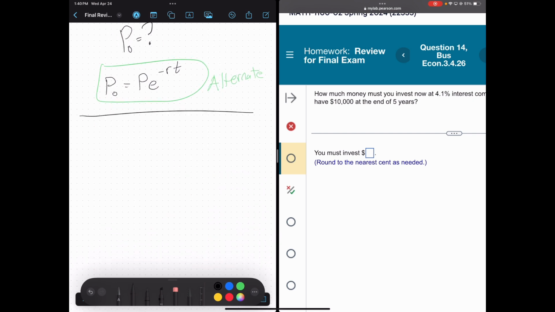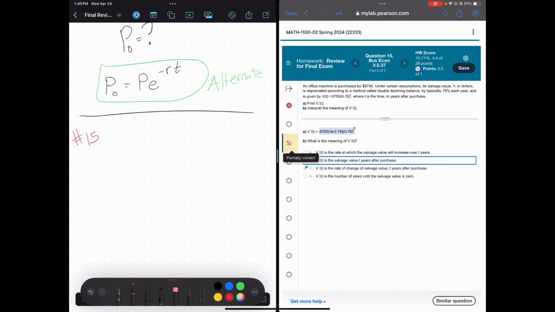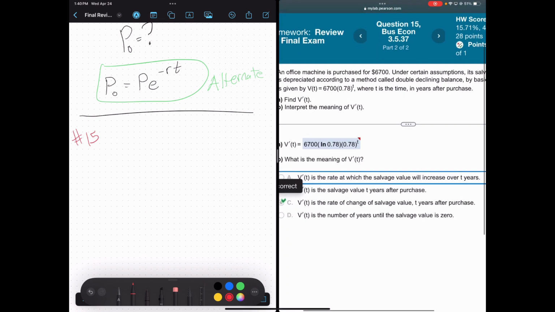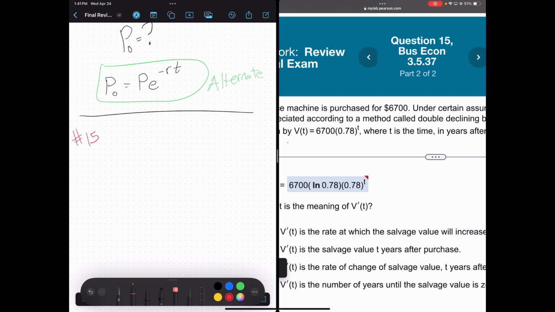Next. Number 15. Let's talk number 15. A few different parts to this one. We have salvage value. Part A is just taking the derivative of this function, 6,700 times 0.78 to the t.